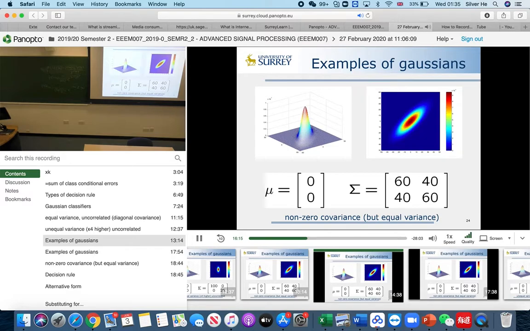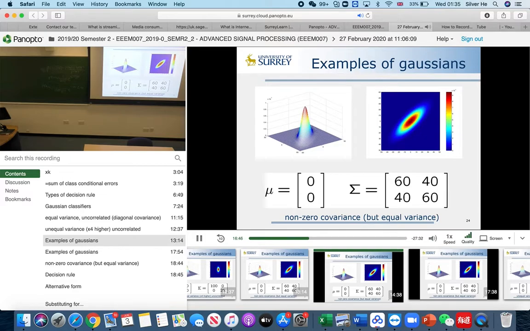If my x1 is here, then my x2s must be in this band or this band. That means there's a dependence between x1 and x2. But if I were to measure a correlation between those two, because this is circular, there is no correlation. So if I just calculate a second order correlation, it would come out to be 0.